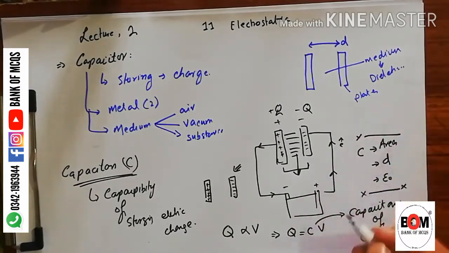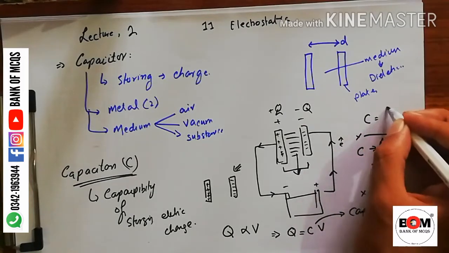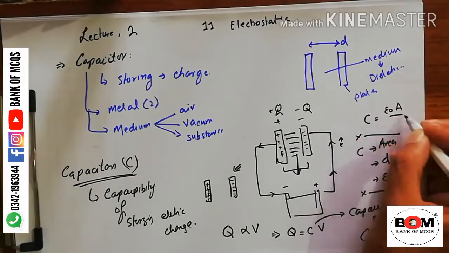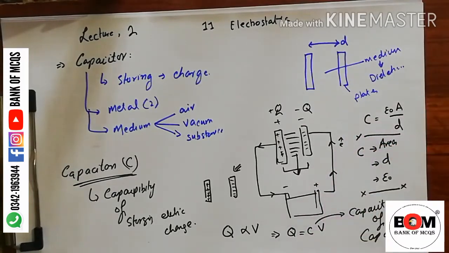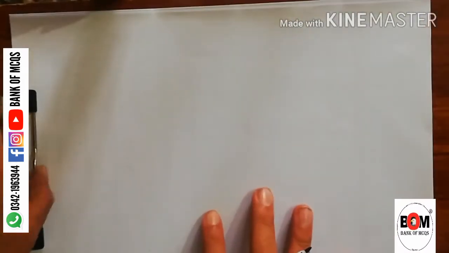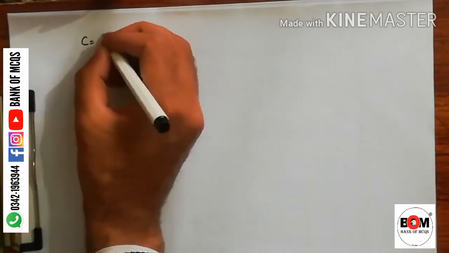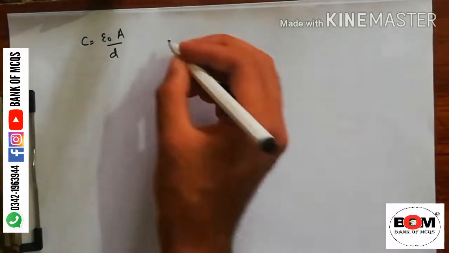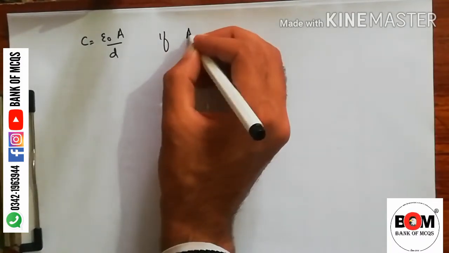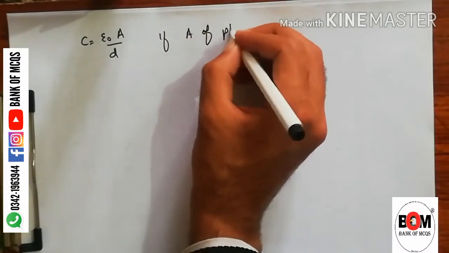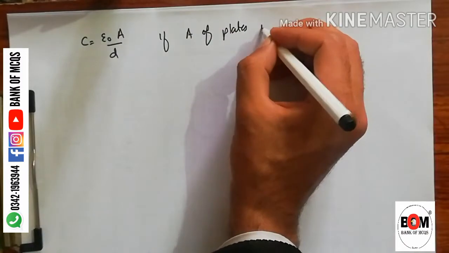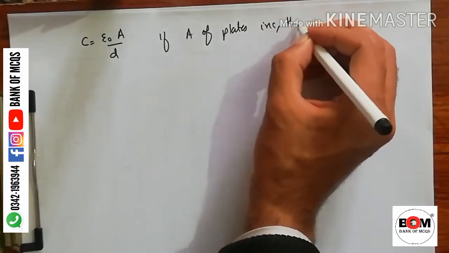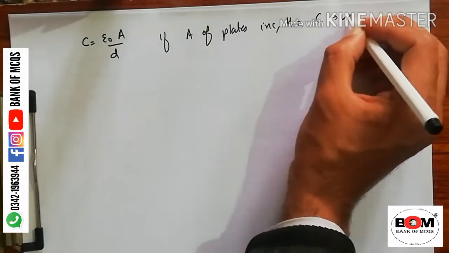Now there is a formula. We know that C is equal to epsilon naught A by d. If the area of the plates increases, the capacitance will also increase.